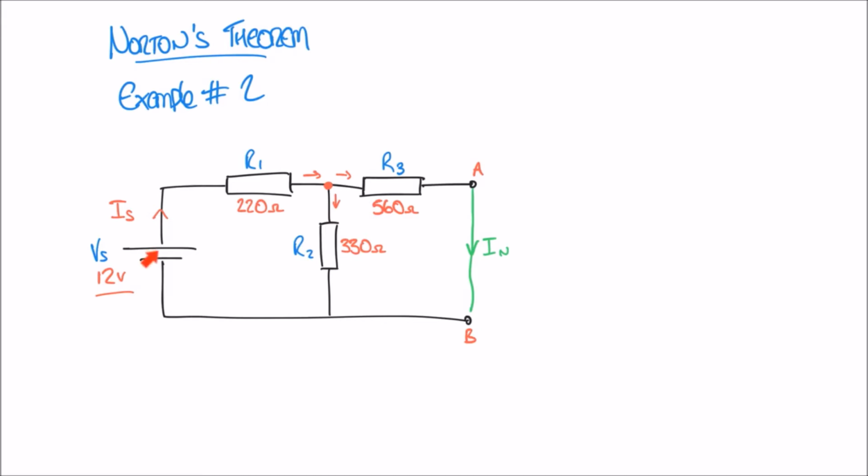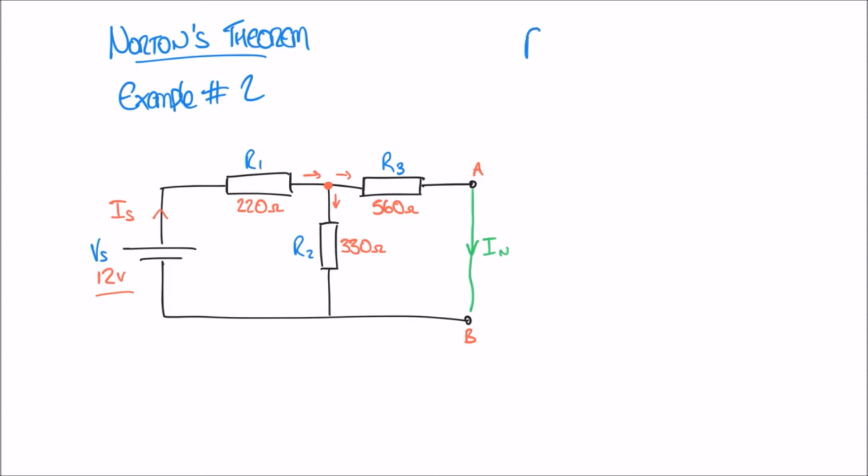So we have, starting at the supply, R1 in series, then we split and we have R2 and R3 in parallel. And we can flow through R3 back to the supply or through R2 back to the supply. And so our total resistance here, I'll just mark it on as RT.